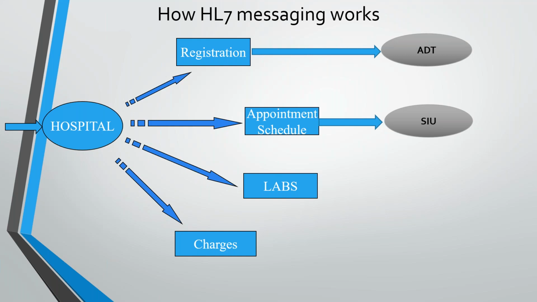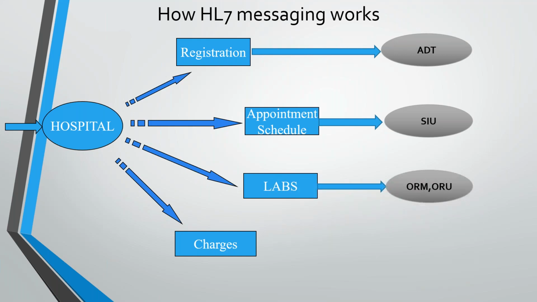It usually sends a message in a unidirectional way, and it will not wait for the system to respond, so there will be no two-way flow for this kind of message. So SIU is that kind of message. You will understand that later when we discuss appointments, but this is the acronym. The full form is scheduling information unsolicited.